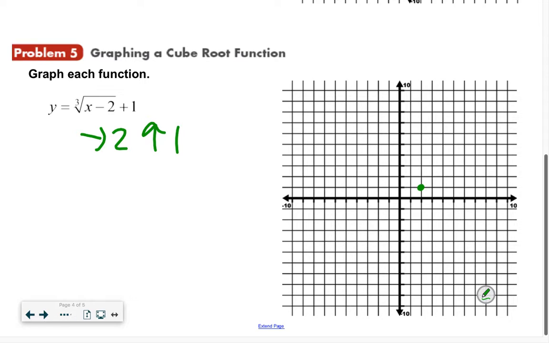Then looking back at our parent function, we went up 1 over 1. We also went down 1, left 1. And then our other point was 8, 2, right? So starting from your starting point, go right 8 and up 2.